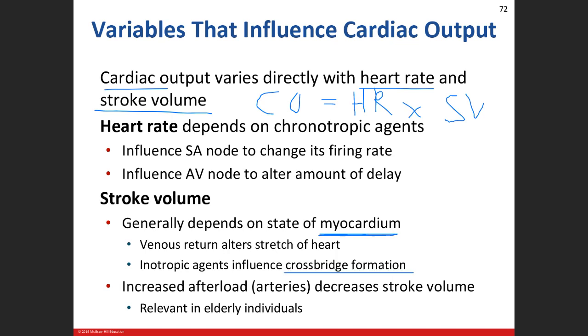It has to do with cross bridge formation. The more stretch, the more cross bridges we get, the more forceful the contraction, the larger the stroke volume. And then afterload, that's our resistance. So if you increase the afterload, you decrease the stroke volume.